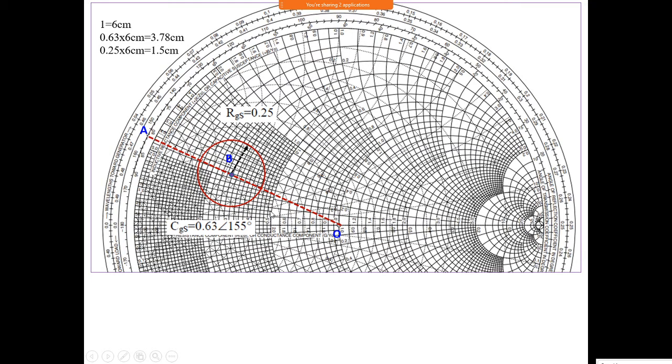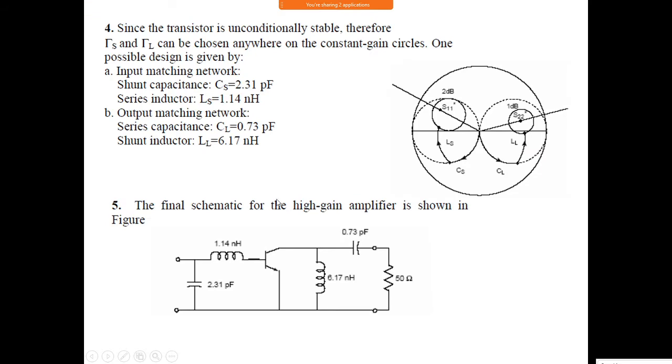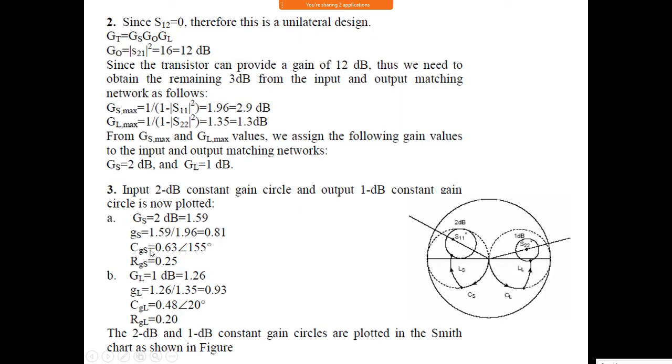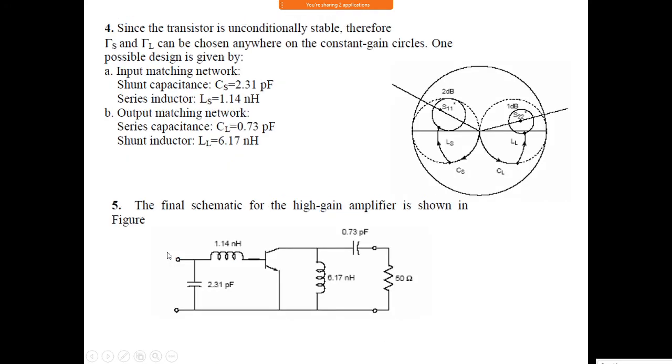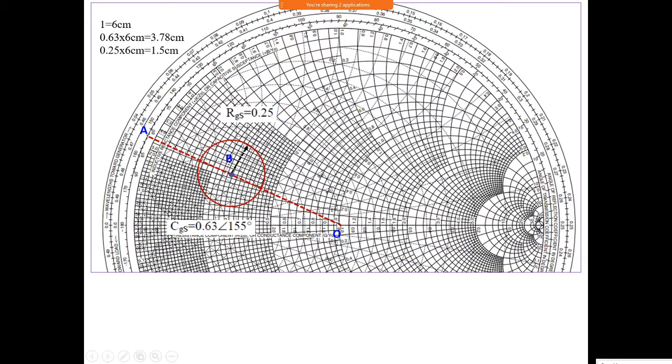Now what we want is our value CGS equal to, where the angle 155 we marked. Next is the magnitude, 0.63. You should mark 0.63 on the line we have drawn. Up to this, 6 centimeters corresponds to 1.